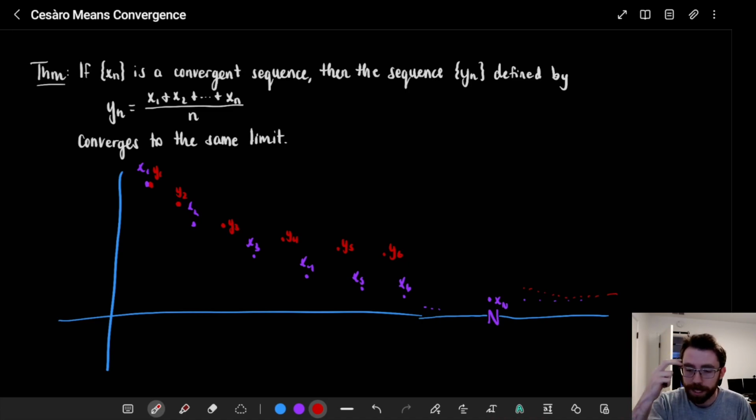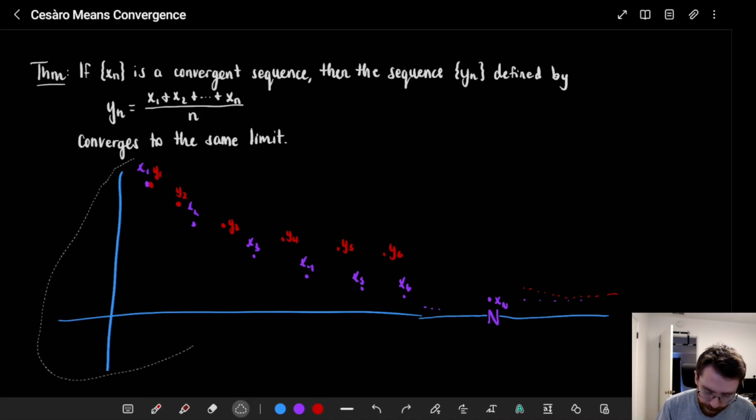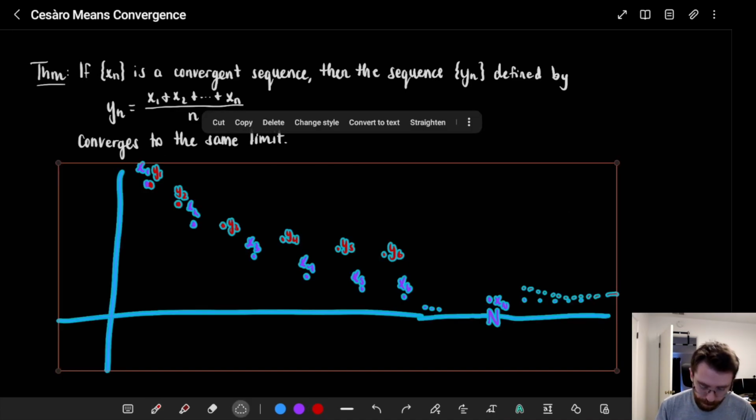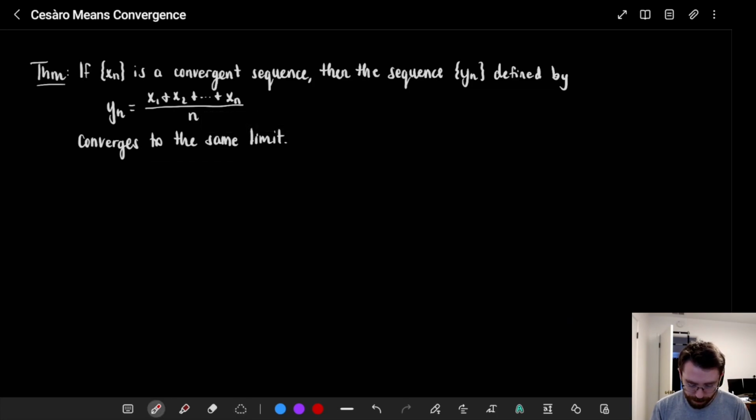They reach a limit. So that's why xn has to be a convergent sequence for this to hold. Maybe I should rephrase that. It's possible for xn to diverge and for yn to still converge, but at least it's a sufficient condition. If xn converges, then so will yn.